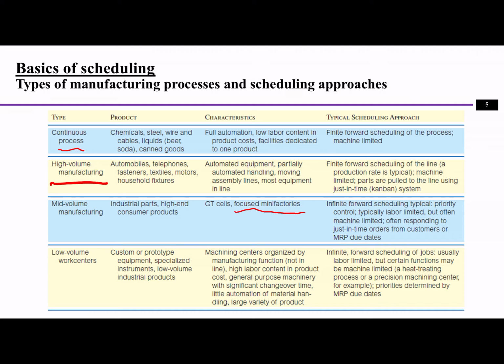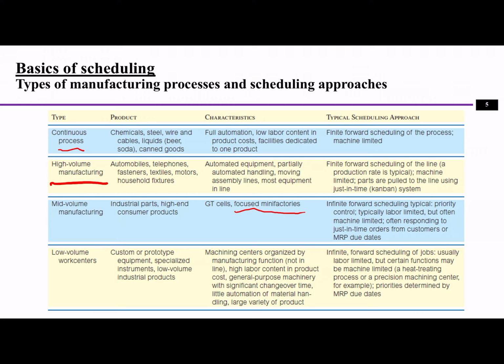And of course, in the low volume work centers, humans are a key resource in production, and also in production cost. For this kind of scheduling approach, usually it's infinite forward scheduling of jobs.